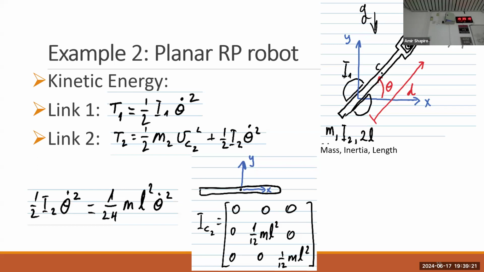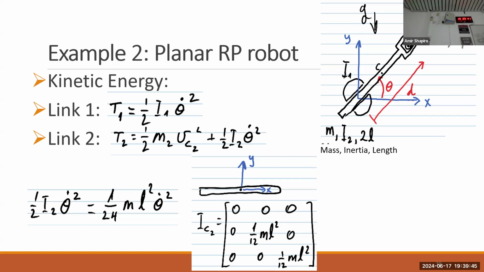This is around the center. So we get half of it. So it's 1/24 m l squared theta dot squared. This is actually this term.